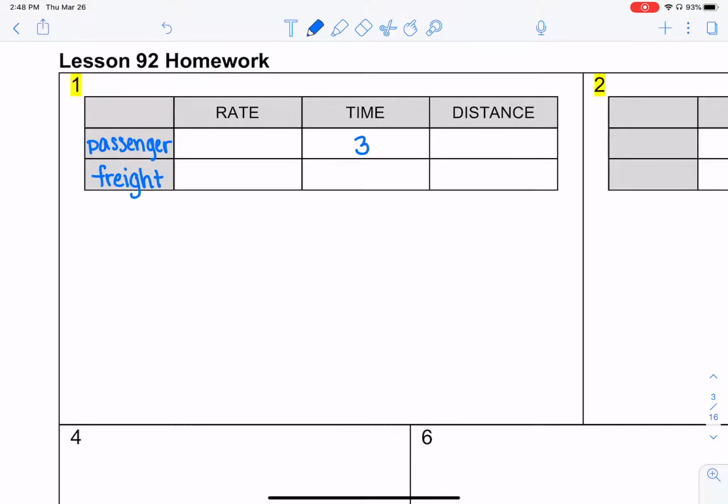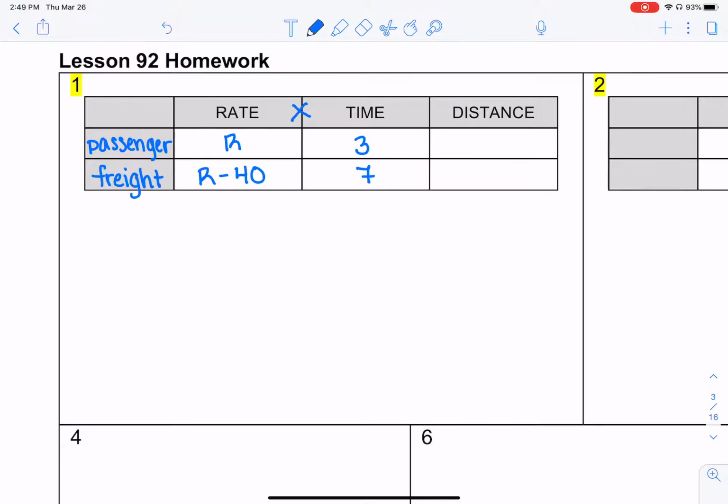The same trip for the freight train took 7 hours, so I plug that into the time. Then the other information I'm given is the freight train was 40 miles per hour less than the rate of the passenger train. So if I called the passenger train R, the freight train is going to be R minus 40. It's 40 less than that.